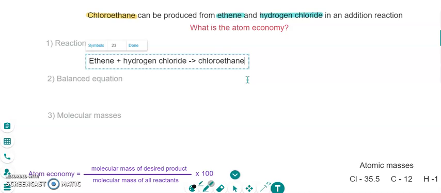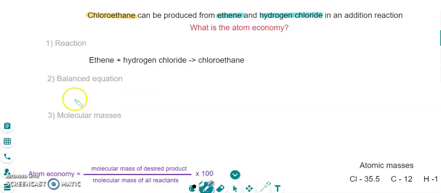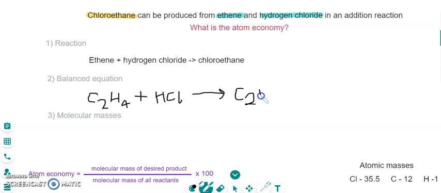If we wanted to write this as a balanced chemical equation, we then have to write C2H4 for the ethene reacting with HCl for the hydrogen chloride, forming C2H5Cl.